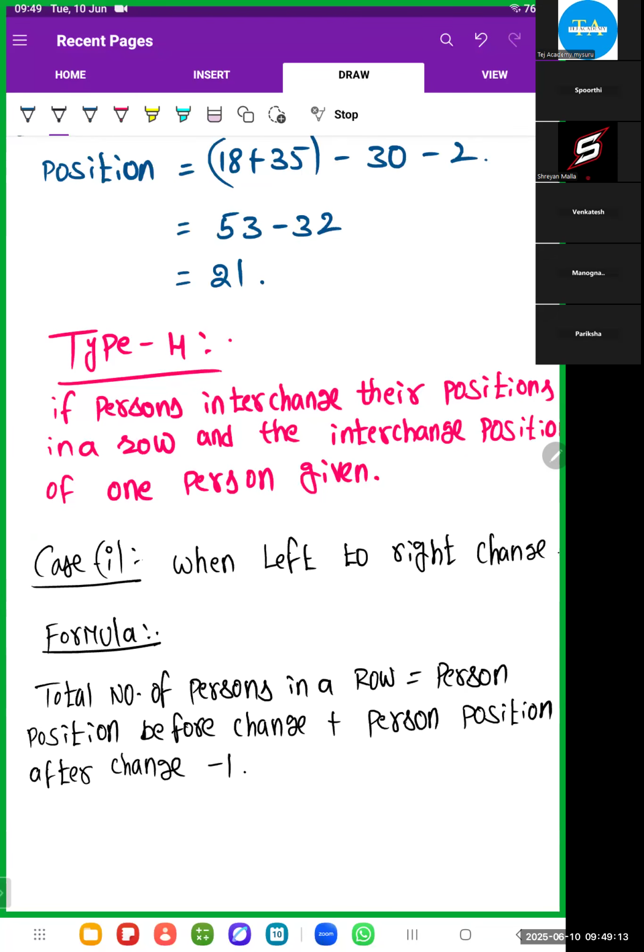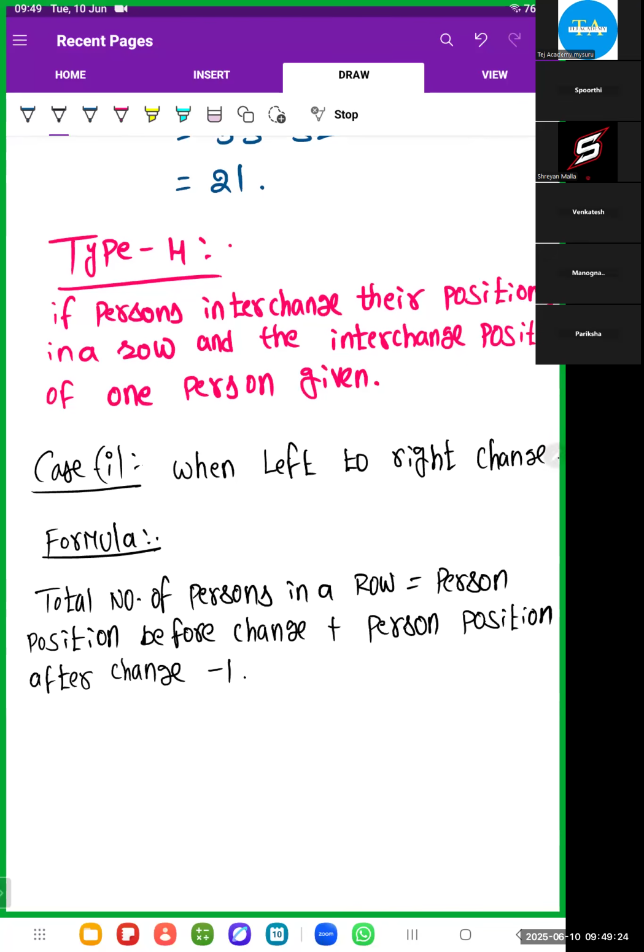How many persons are there in a row? This is the formula: person position before change plus person position after change minus 1.